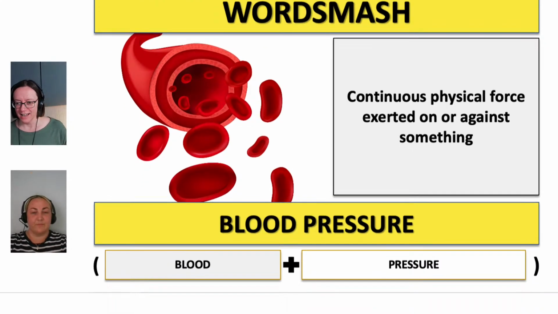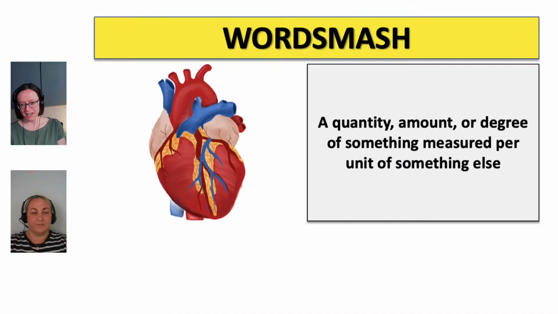Yeah. Okay, I think this is our last one. So easiest one, I hope. There is a picture of an organ, and then it says a quantity, amount, or degree of something measured per unit of something else. What do we think? See if any of our contributors can help. Yeah, come on, students at home, let us know.